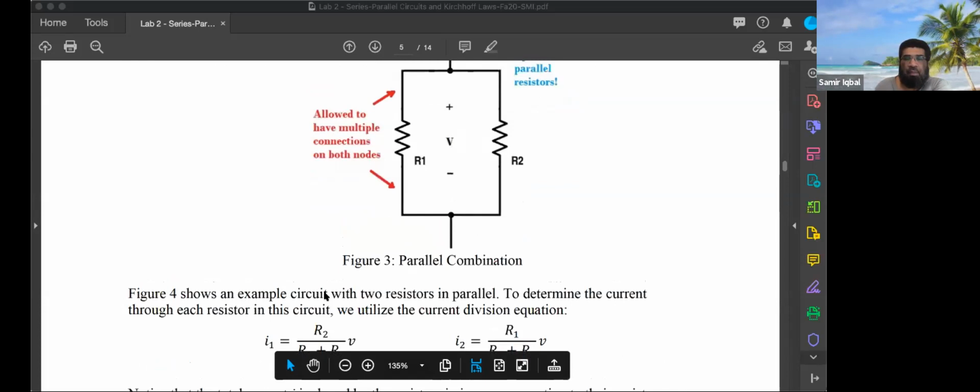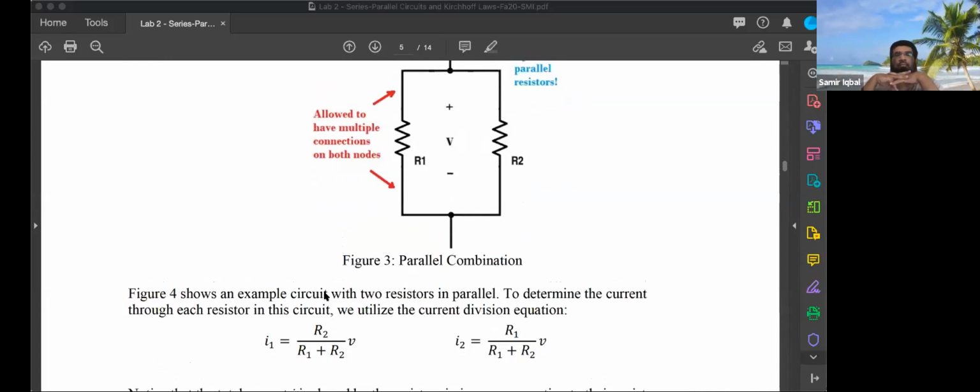If there are two resistances, more current will flow through the low resistance, because high resistance is not letting it flow through. So this is the relationship for a simple circuit of two resistances.